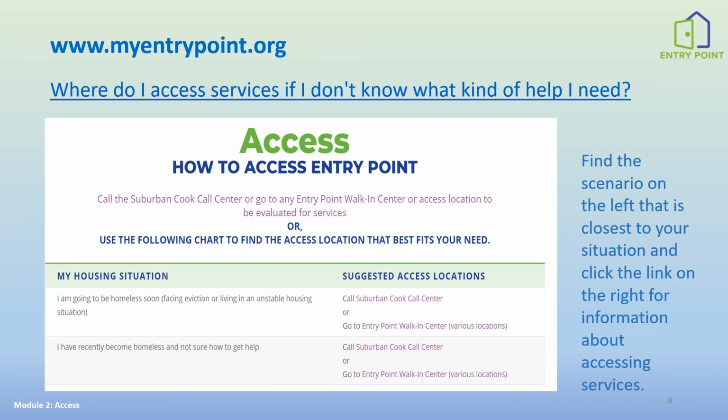The Access page of myentrypoint.org lists scenarios of potential crisis circumstances a household may be facing, and then links them to the most efficient access locations to address that crisis.